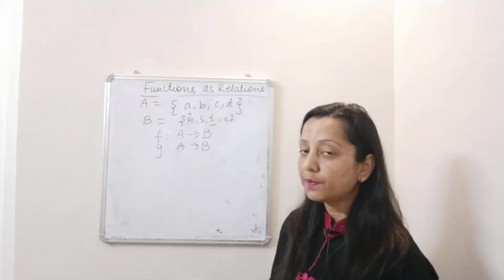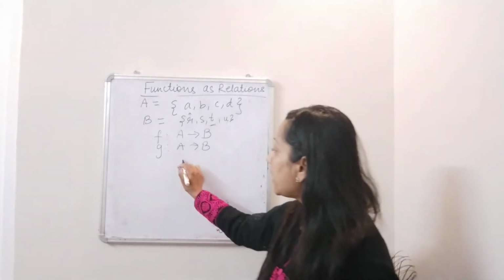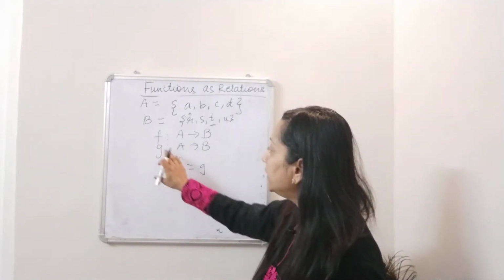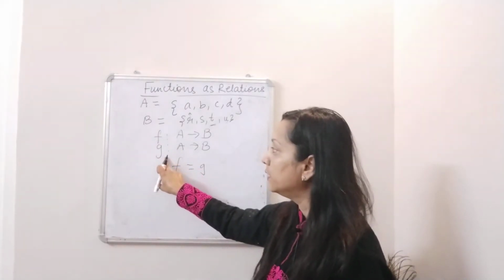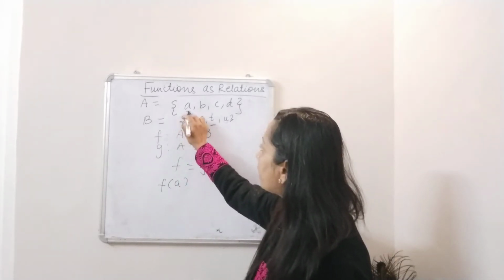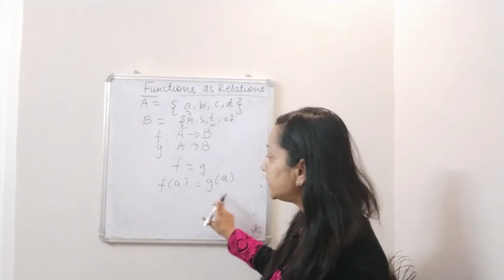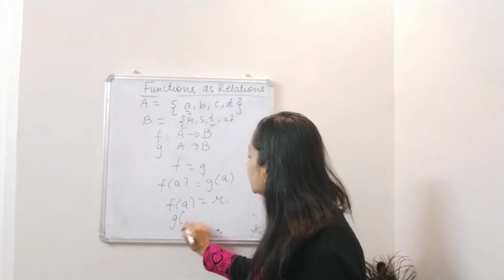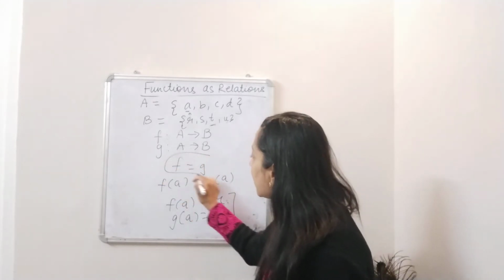Now you will say both of them are functions going from set A into set B, but that does not necessarily mean that f and g will be equal. f and g will only be equal when the image of all the elements of f is equal to the image of all the elements of g. So if f of A is equal to g of A, that means the image of both f and g are the same. For example, if f of A is R and g of A is also R, if both the elements have the same image, then I can say f equals g.